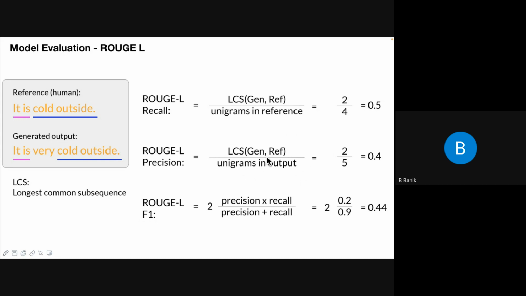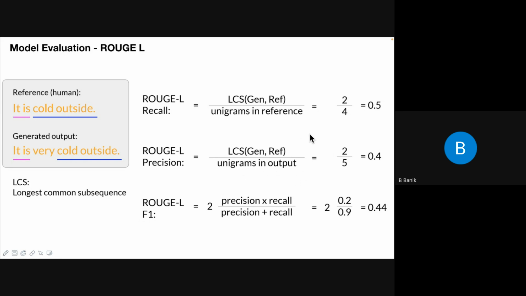Here you see that it is 2, and the total unigrams in the output is 5. So it's just a different way of calculating ROUGE L. We have seen the ROUGE 1, ROUGE 2, and ROUGE L calculations.